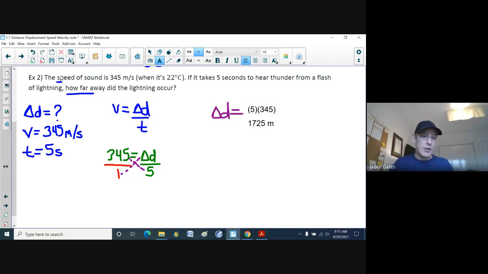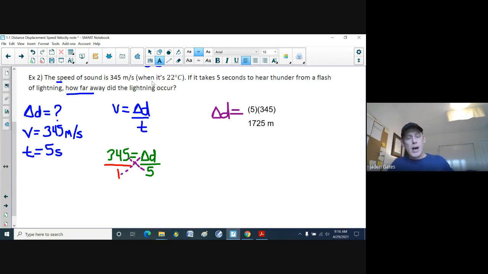All right, and so this is actually something true that happens with thunder and lightning. I'm not sure if you're familiar with this, but have you ever seen when the flash of lightning hits? Because the speed of light is so fast, it's there pretty much instantly. So when there's a flash of lightning, you start counting, and that'll tell you how far away the lightning strike was, because sound, when it's 22 degrees, is about 345 meters per second.